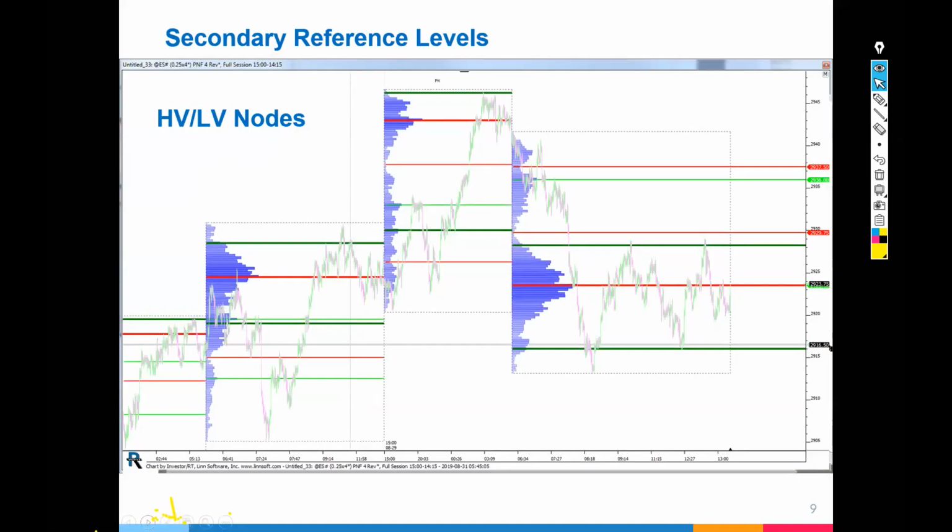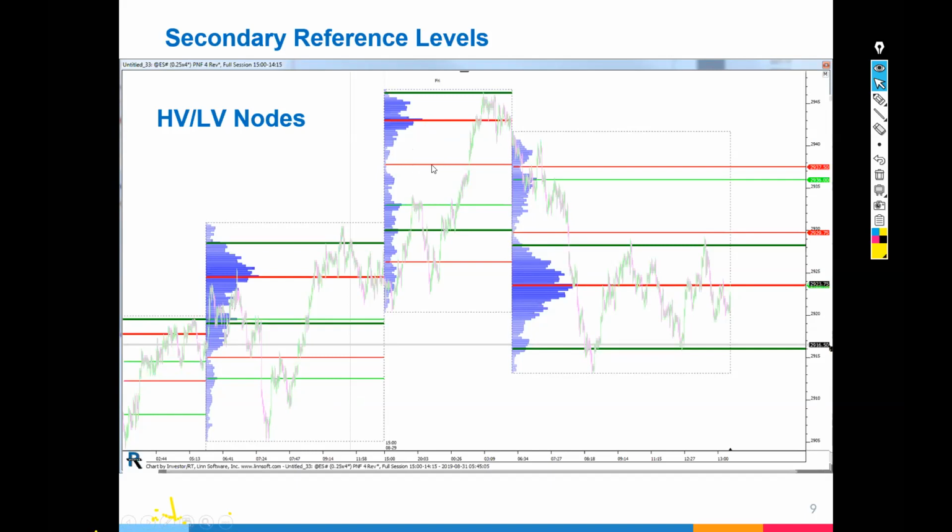Another secondary level that profile traders use is what we describe as the high volume and low volume nodes. Now, during each profile, as it develops and after it's developed, we can always identify other key levels based on volume traded, other than the volume point of control, the volume point of control being the highest volume traded node. There are others, for instance, that are low volume nodes.